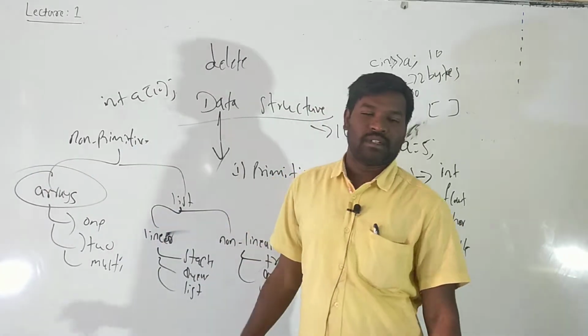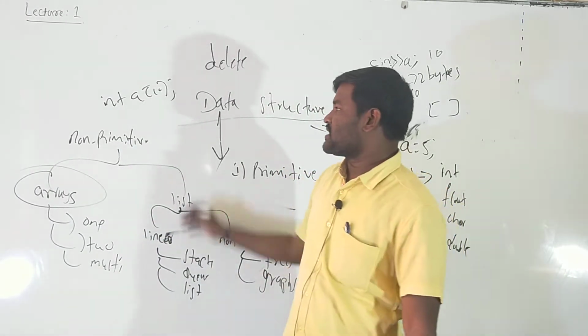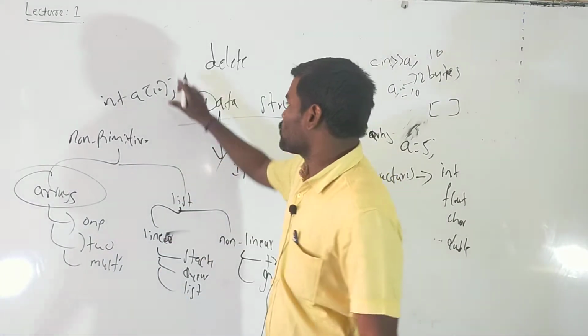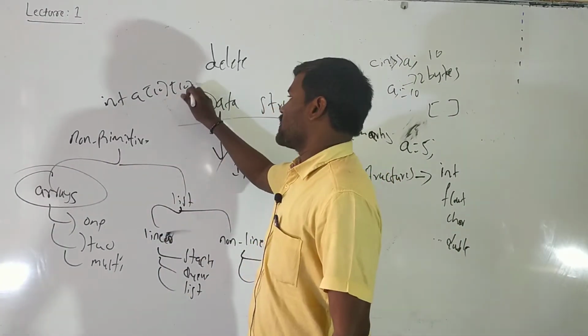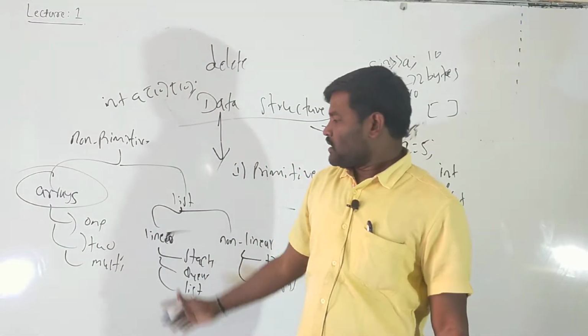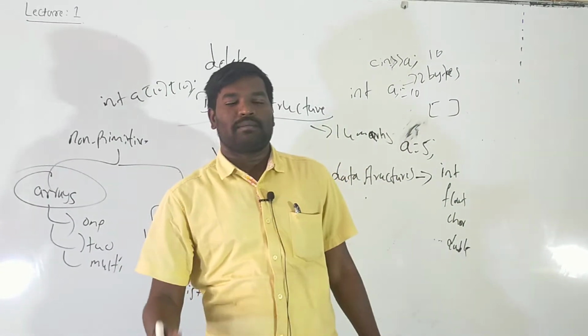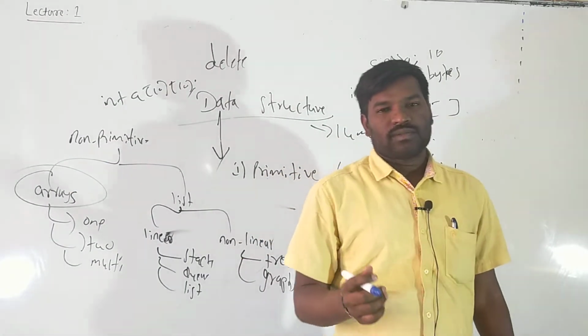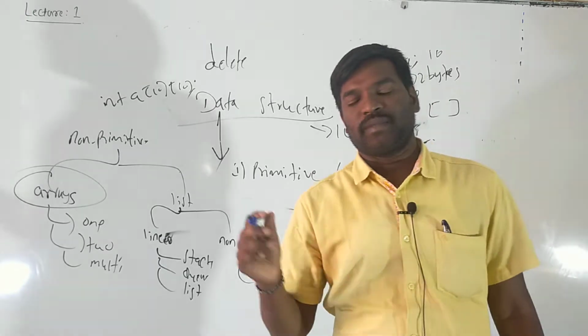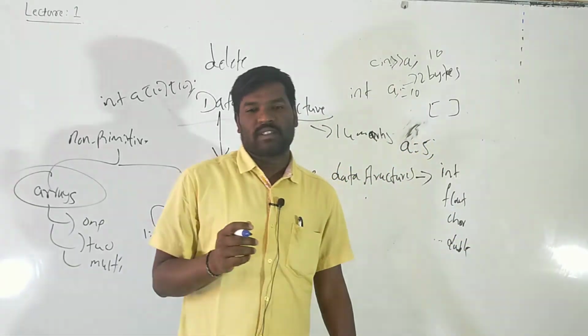Next is two dimensional. Here two dimensional means the elements can be accessed using double subscript or two subscripts. See here, int a of 10 of 10. The two-dimensional arrays are mainly used for solving the matrix operations. Here matrix means it consists of rows and columns.